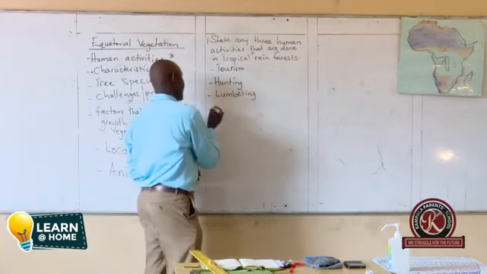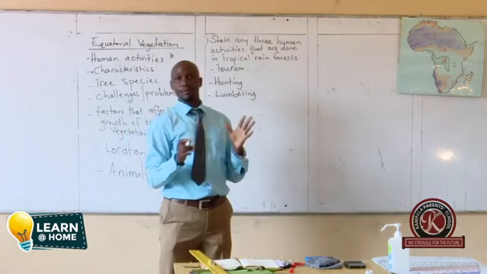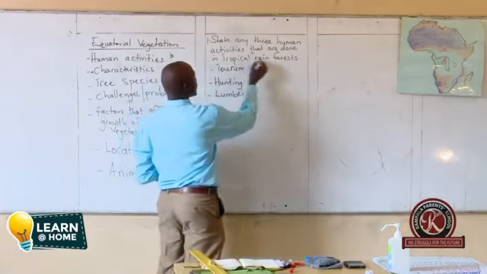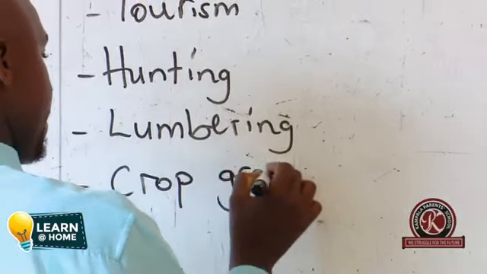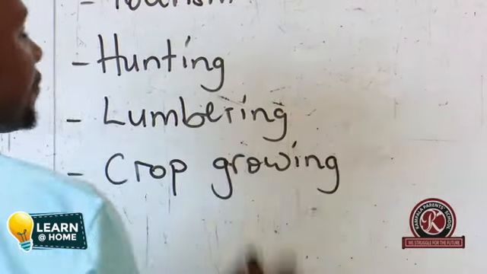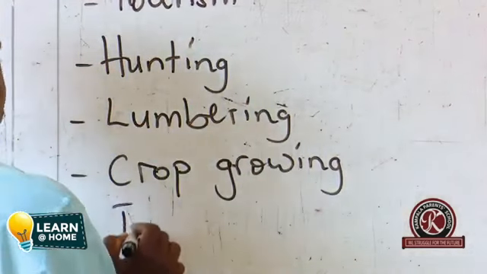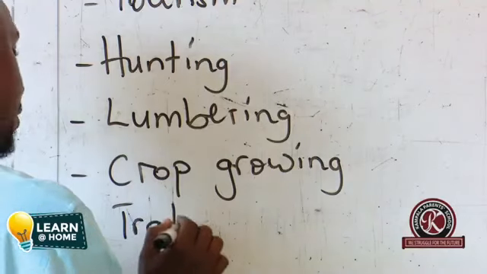So you can go ahead and look at another economic activity which is done in the tropical rainforest. We also have crop growing, since it receives a lot of rainfall. Also we have trade, and trade is the buying and selling of goods.